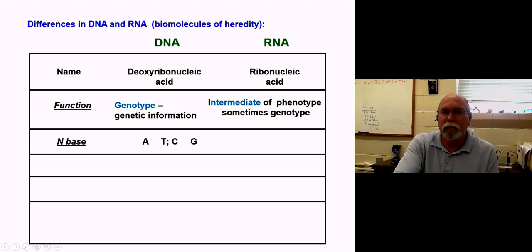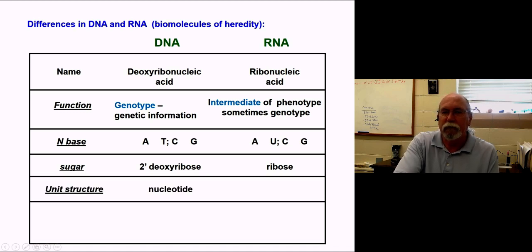It's A, T, G, C, so 4 bases here. And there are 4 bases in RNA, but you've now replaced the T with uracil, okay? The sugar is 2-deoxyribose, so we've taken an oxygen off the number 2 carbon. And then we have ribose over here, so you need to be able to look and tell the difference between those two. Just to remind you.